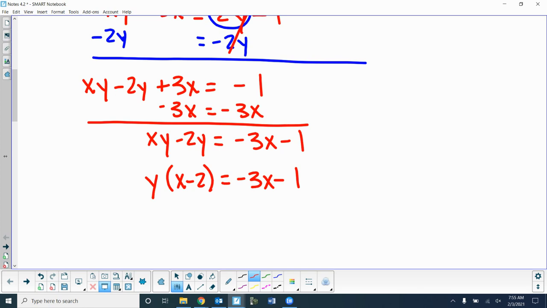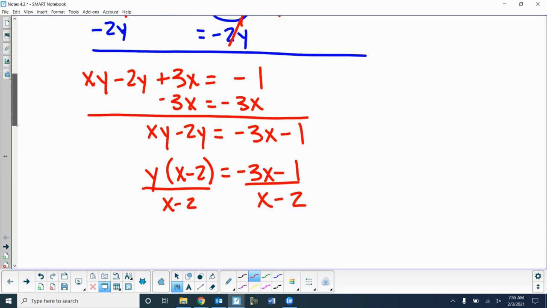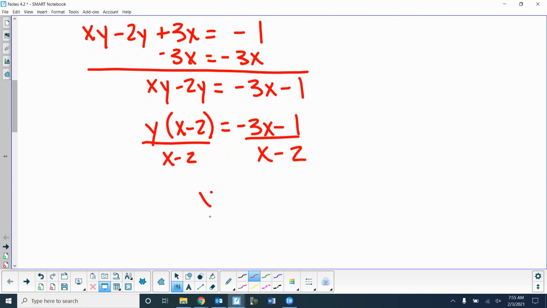So how do I move the x minus 2 over? Divide, right? So I'm going to divide by the x minus 2. So my answer, my inverse, is negative 3x minus 1 over x minus 2.